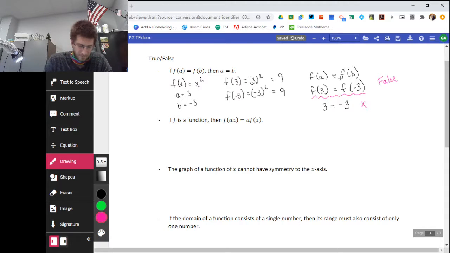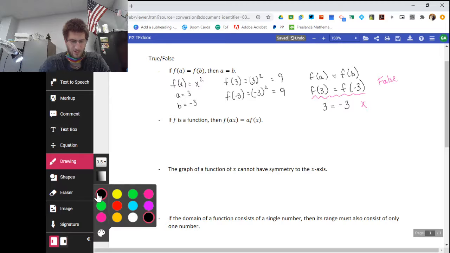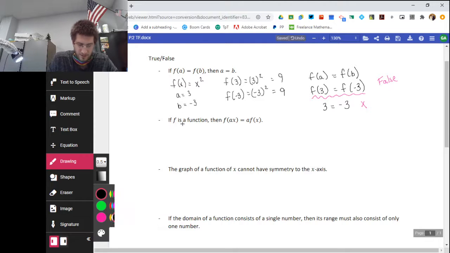All right. The second true and false question we have is if f is a function, then f of a of x equals a of f of x. Same idea. If we can think of a counterexample, we can prove it false. So let's stick with the same function, f of x equals x squared.